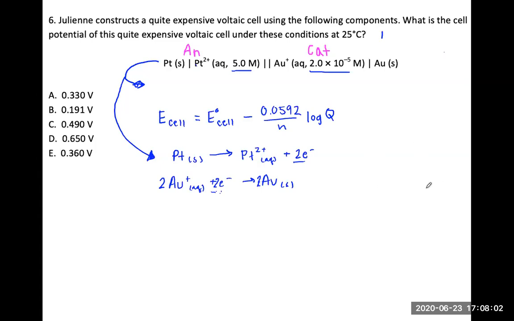Okay, so at this stage now we know what half reactions are happening. We know that we're going to need our standard cell potential, and so we can use the data sheet to figure out what those potentials are. So again, I'm going to start with the reduction half reaction because then I can just get it directly from the table. And I can see that for the reduction of gold ions, it ends up being positive 1.69 volts.